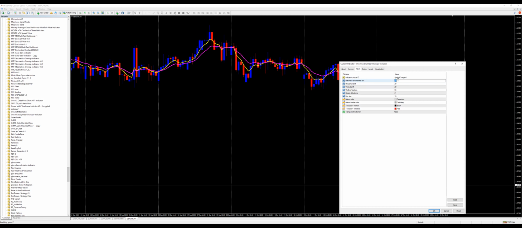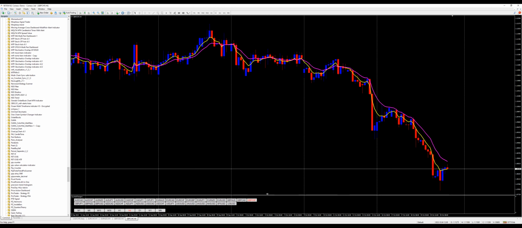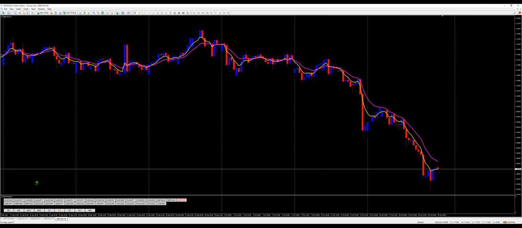And I'll make that an 18 just for myself. And add that, and here it is. So this gives me all the symbols I have on my market watch. Now I can quickly go through the pairs and look.